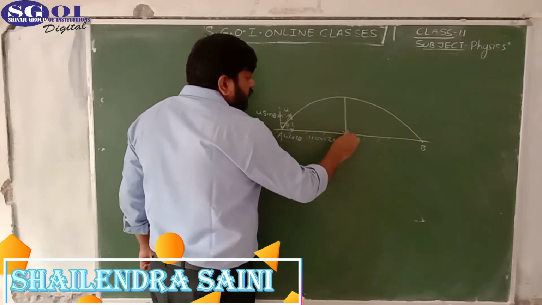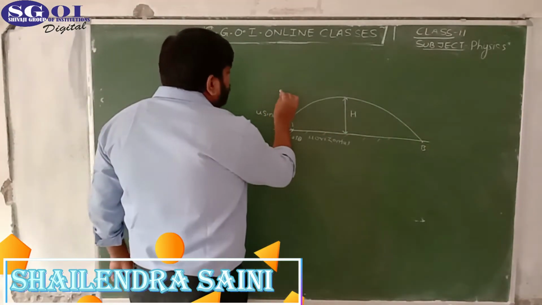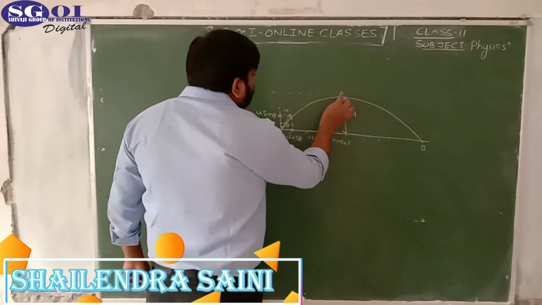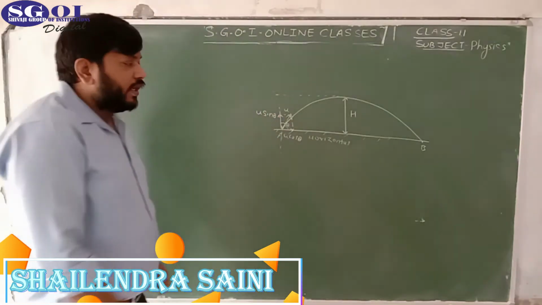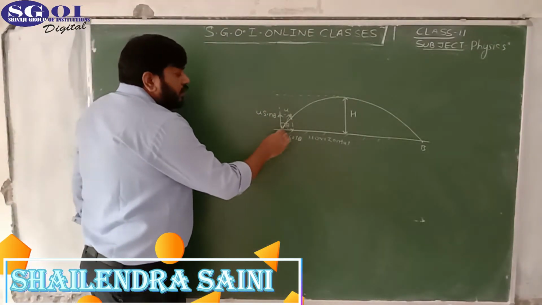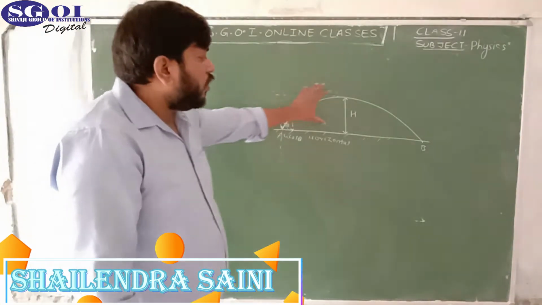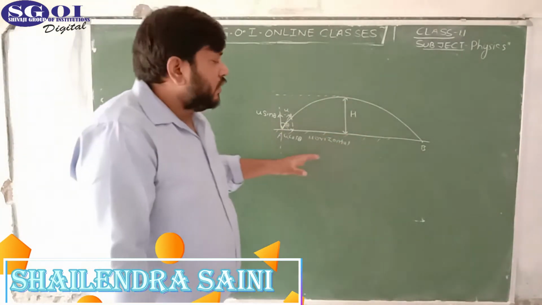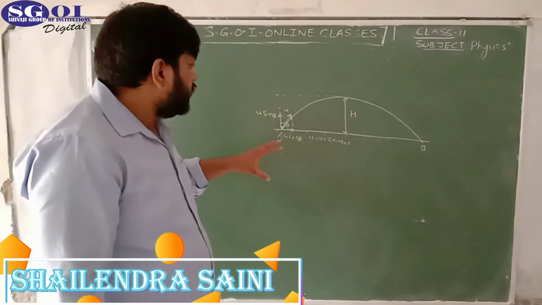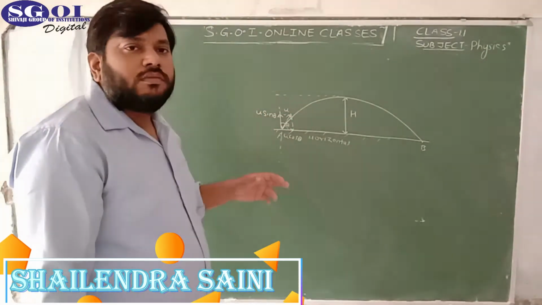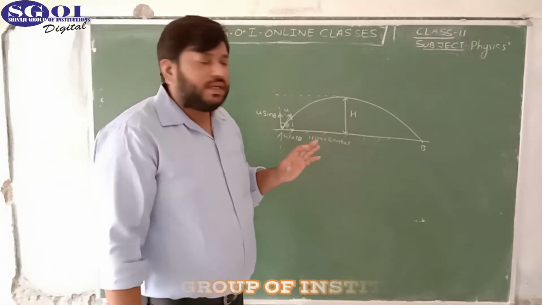Let's say this is capital H. We have seen in the previous video lectures that for solving a problem in two-dimensional motion, just like the projectile, we would solve the problem in each dimension, x and vertical axis, independently.